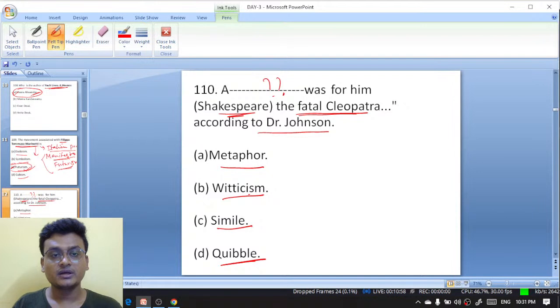Yeah, Lavanya. So here that is 110. A dash was for him, Shakespeare, the fatal Cleopatra, according to Dr. Samuel Johnson. Metaphor, witticism, simile, or quibble. So what would be the right answer here?